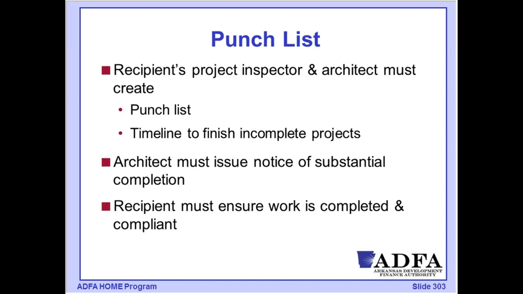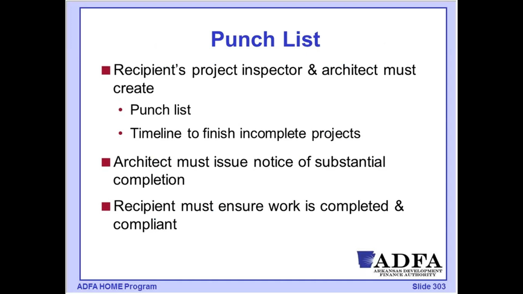A punch list is essentially a list identified by the recipient's inspector, might be from an architect, after going through when we're pretty close to the final, coming up with a final list of items that need to be completed. It's really recommended that you have a timeline with that, otherwise these things can linger on for quite a while.